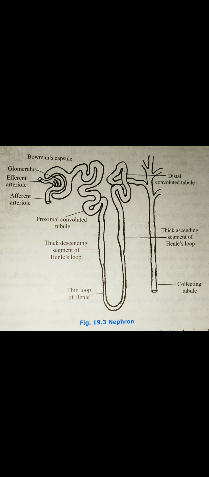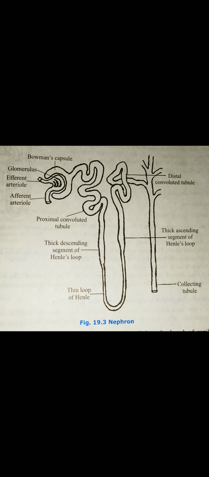This tube-like structure is known as nephron, as this nephron helps in removing the unwanted substances and forms urine. So this is also known as uriniferous tubule. When we see the structure of nephron, we can find different parts.